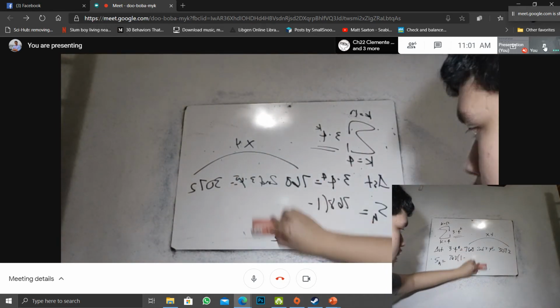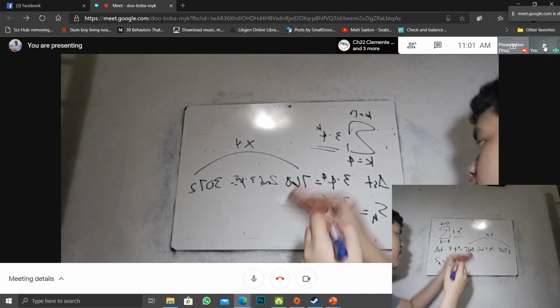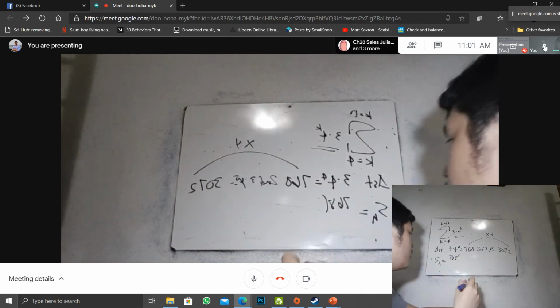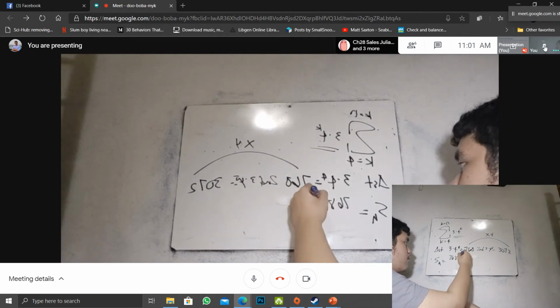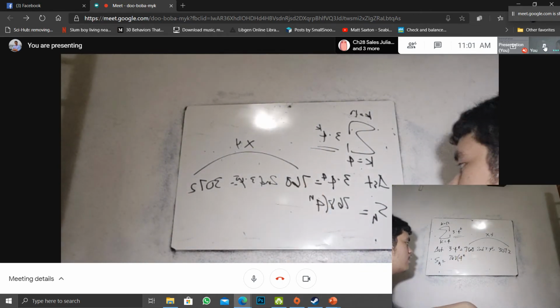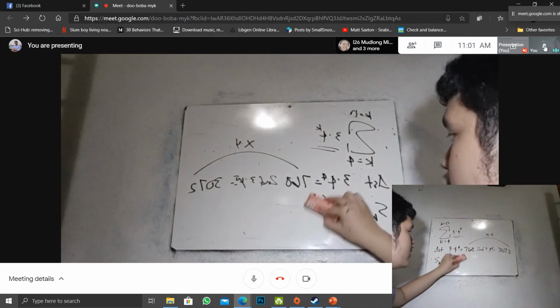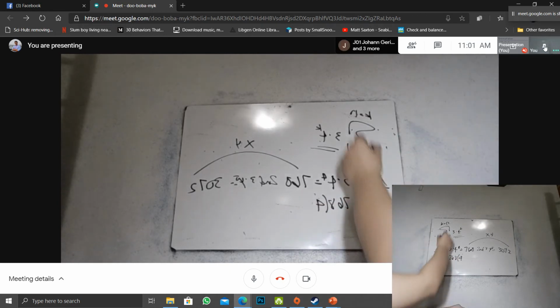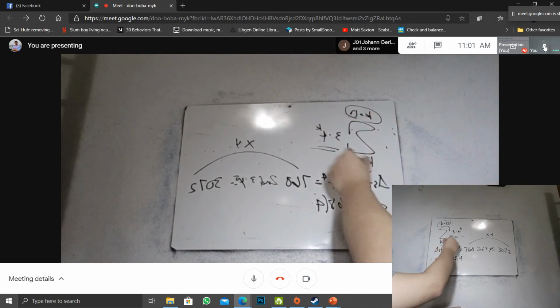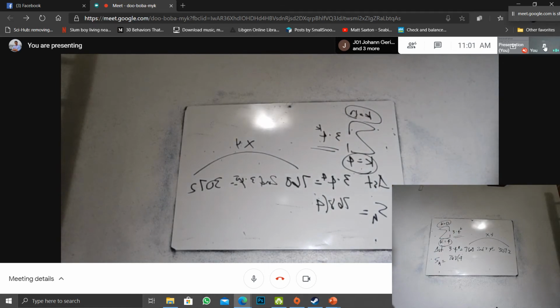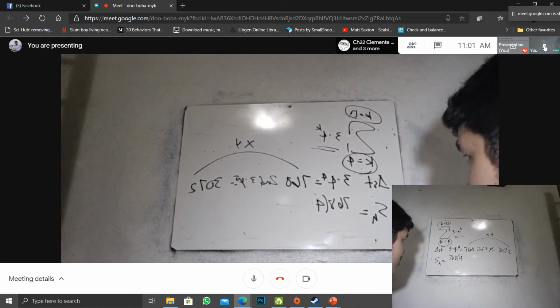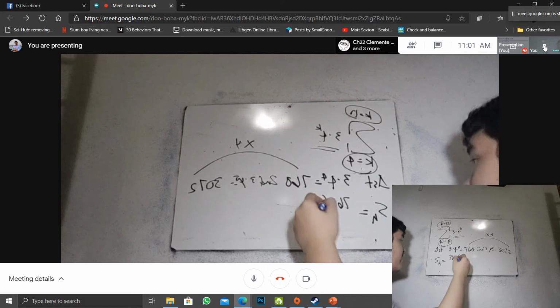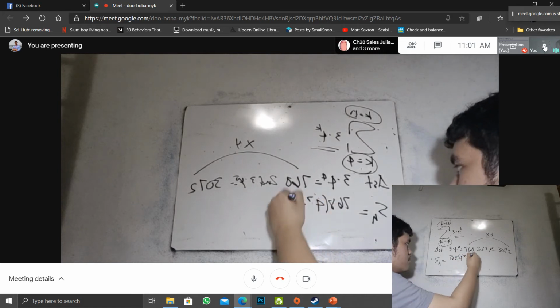Times 1, times r raised to n. So, 4 raised to, ilan yung n? 10 minus 4 plus 1, which is equal to 7 pala, over 4 minus 1.